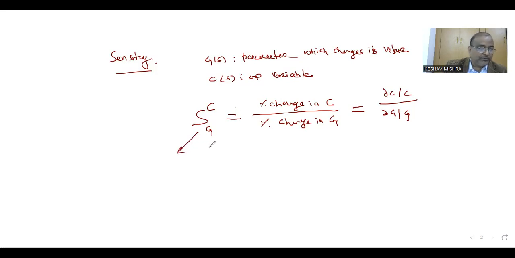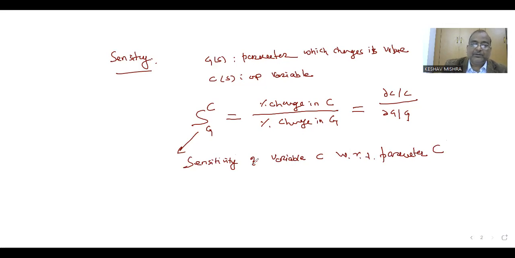This denotes the sensitivity of variable C with respect to parameter G, and this should be minimum. Sensitivity should be minimum.